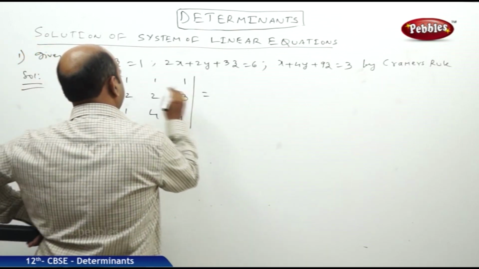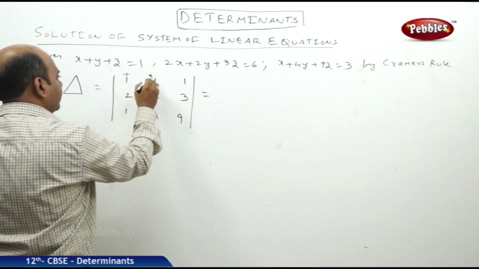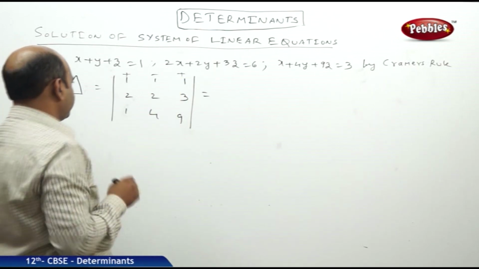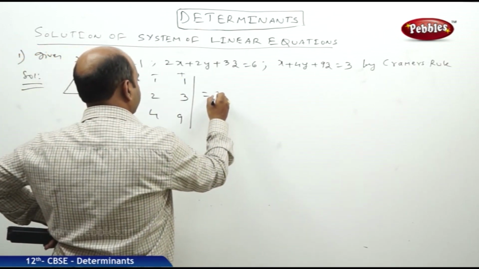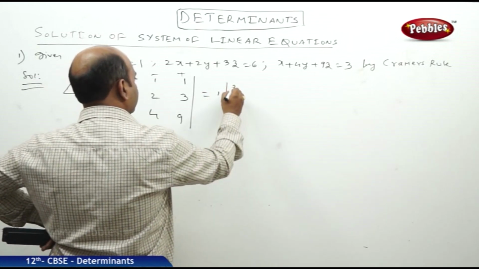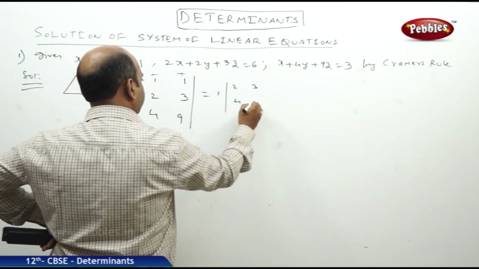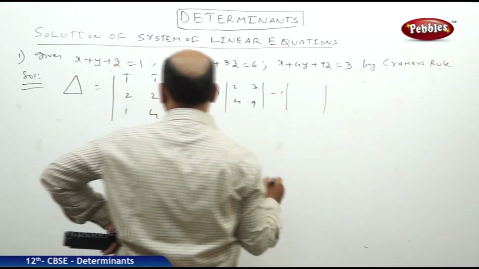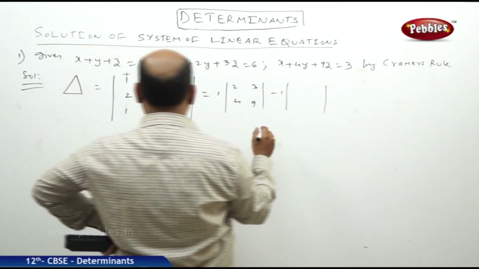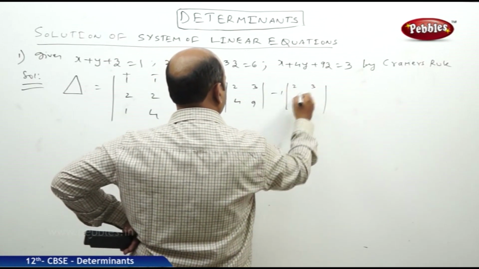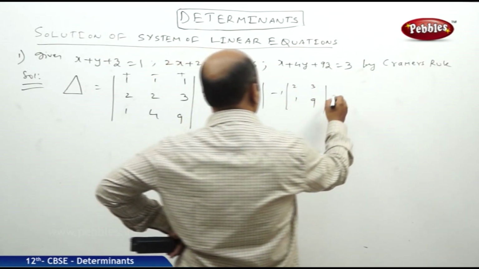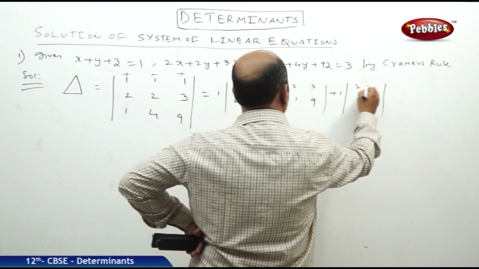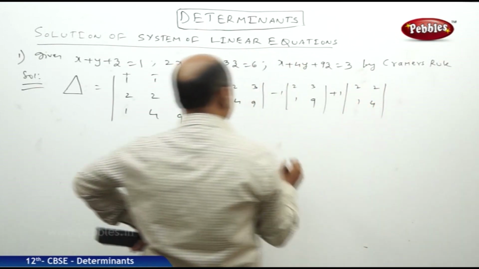How can we find this determinant? As I said earlier, we put plus, minus, plus, and expand with respect to the first row. So 1 into its minor, which is 2, 3, 4, 9, and then minus 1 into its minor, which is 2, 3, 1, 9, next plus 1 into its minor, which is 2, 2, 1, 4.